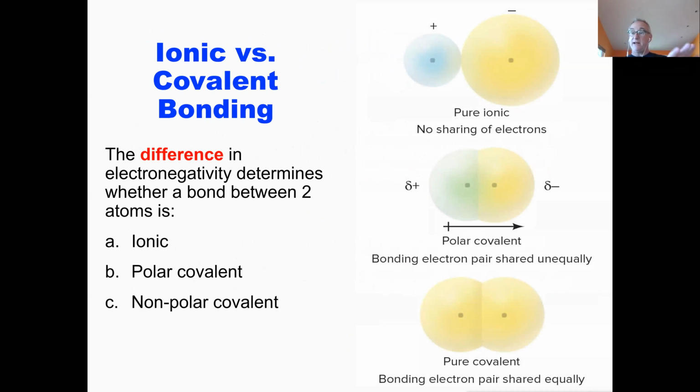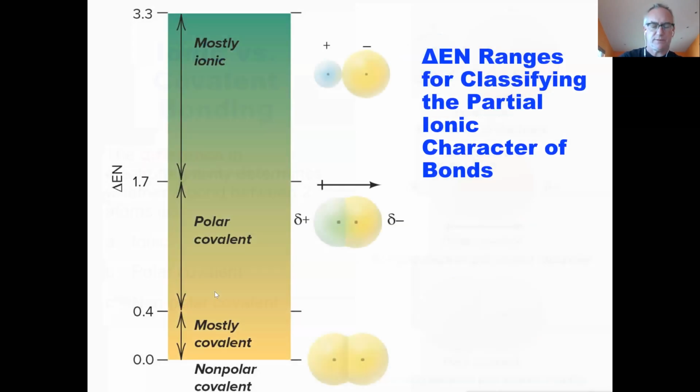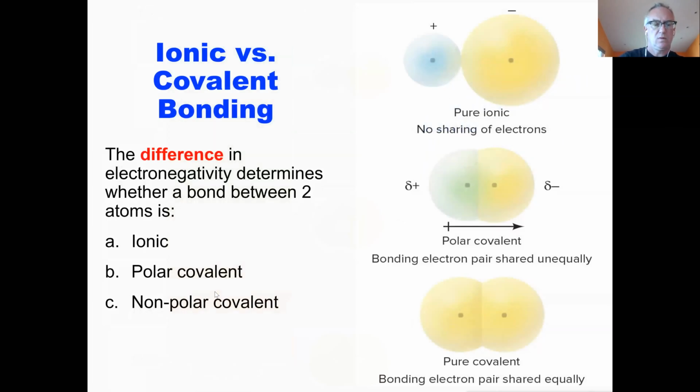As I mentioned at the beginning of the class today, we're going to find out that there's a completely ionic bond, there's a completely covalent bond, and then there's a gradation in the middle where we can say bonds have more of an ionic character. So pure ionic means there's absolutely no sharing of electrons at all.